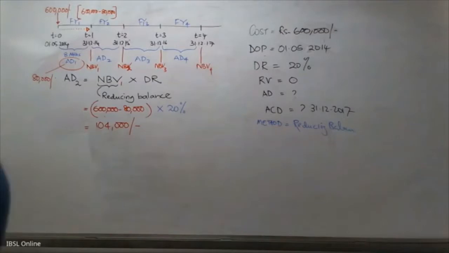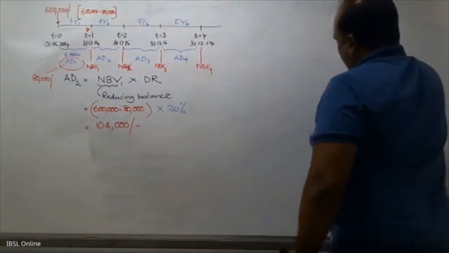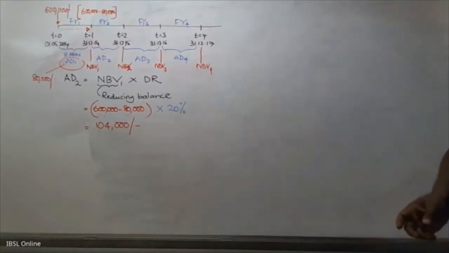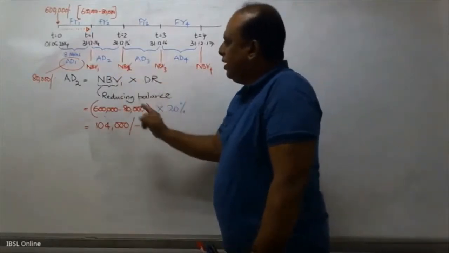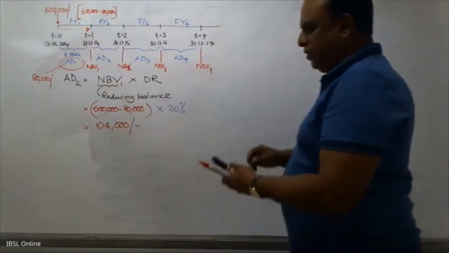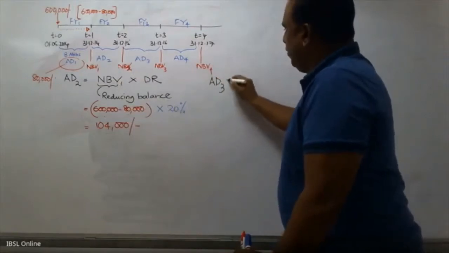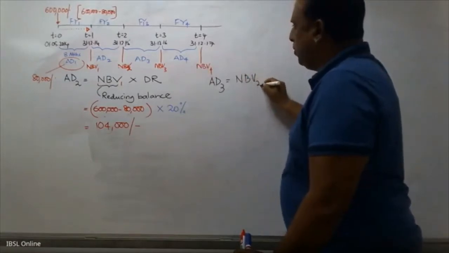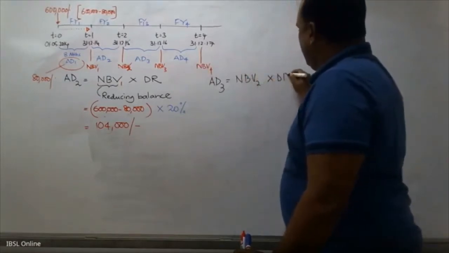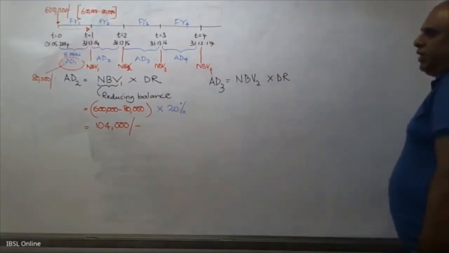Now let's try to calculate AD3. That's why they have specifically mentioned to calculate the depreciation for every year, because year on year it is going to change. Why? The net book value is going to change. So AD3 will be equivalent to net book value 2 into depreciation rate.